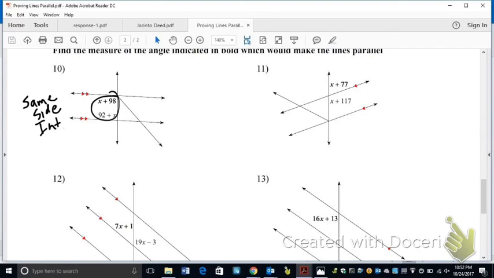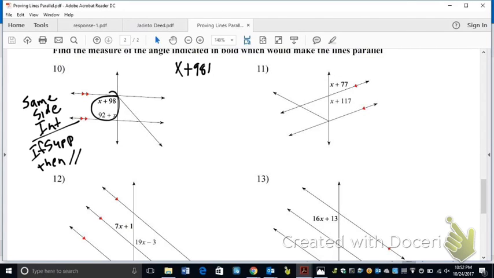So same side interior angles are supplementary when two lines are parallel. Alternate interior angles, alternate exterior angles, and corresponding angles are all congruent when the two lines are parallel. So here we're dealing with supplementary angles. So we can say if the two angles are supplementary, then the two lines are parallel.